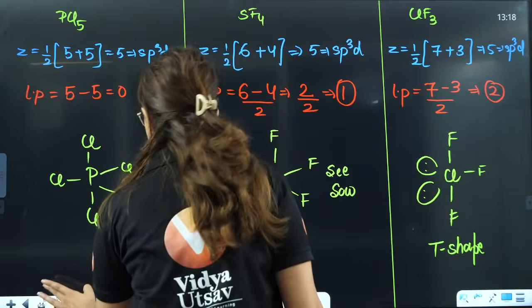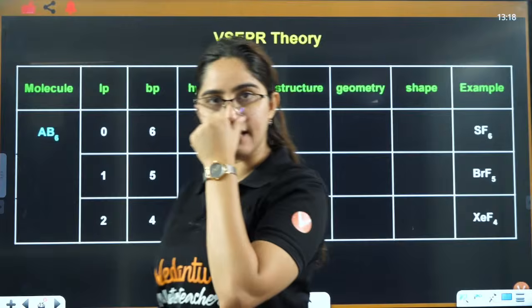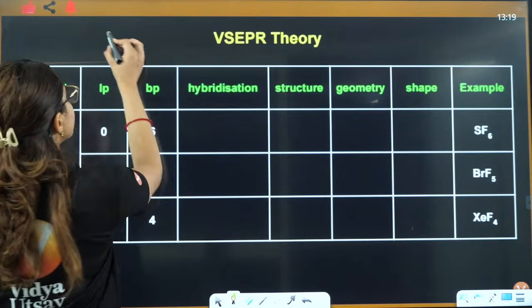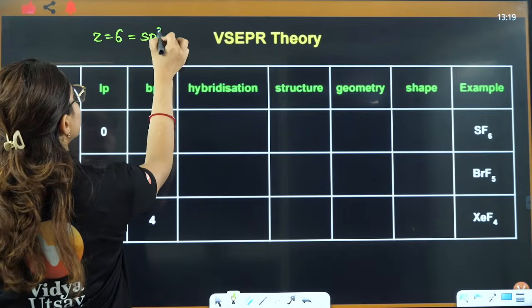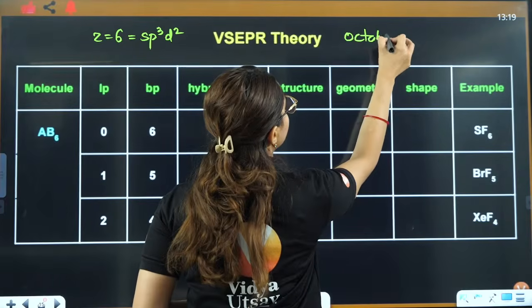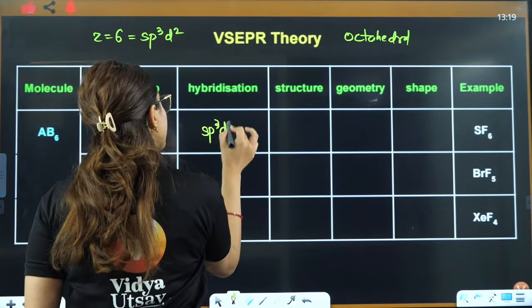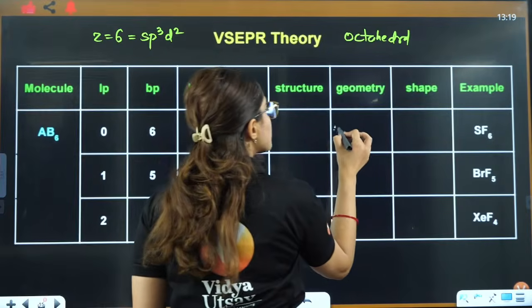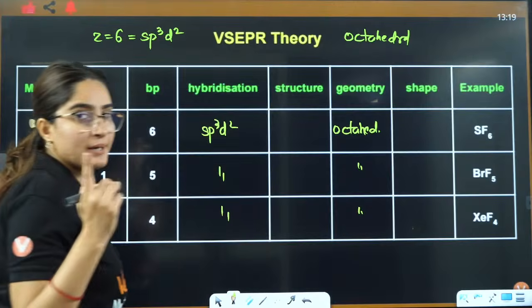Got it? Now let's see. Whenever steric number Z is 6, it is always sp3d2 and always octahedral geometry. So hybridization will always be sp3d2, and the geometry is always octahedral, but the shape will change.